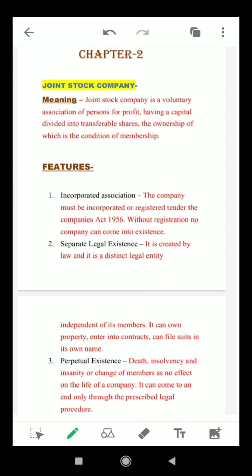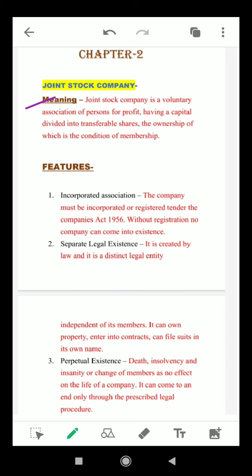So the company form of organization has developed as the most suitable alternative, that is joint stock company. So joint stock company is a voluntary association of persons for profit and having a capital divided into transferable shares, the ownership of which is the condition of membership.